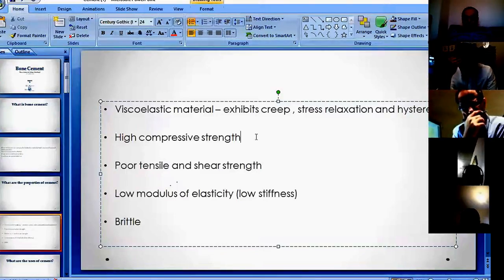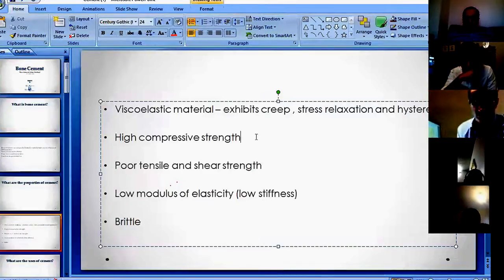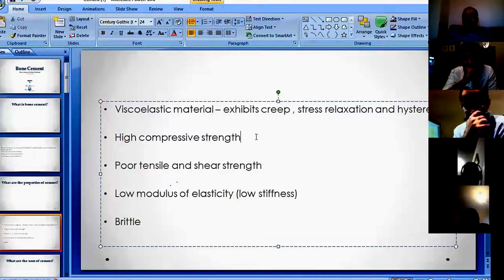Other mechanical properties: it has very high compressive strength, but very poor tensile and shear strength. In the stress strain curve, it has low stiffness, so it has a low modulus of elasticity in the first component of the curve.